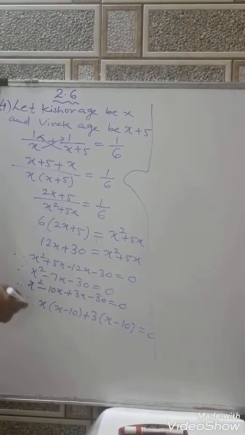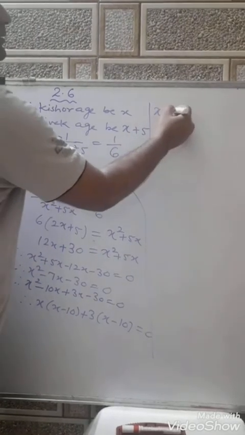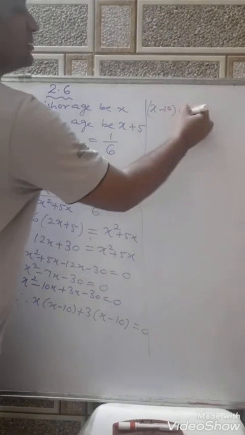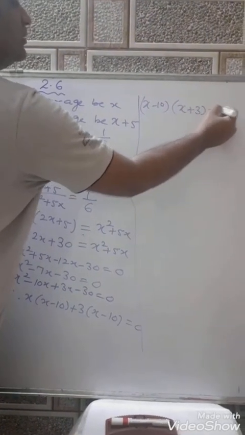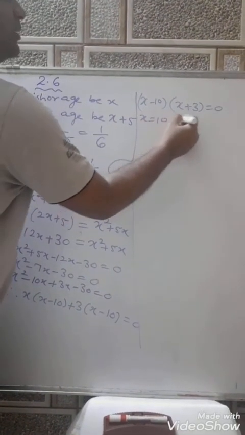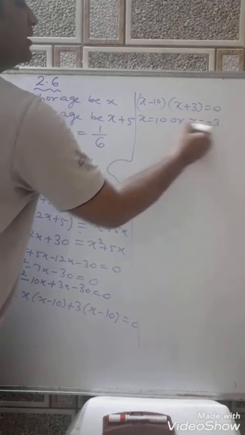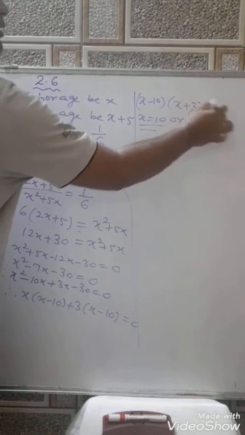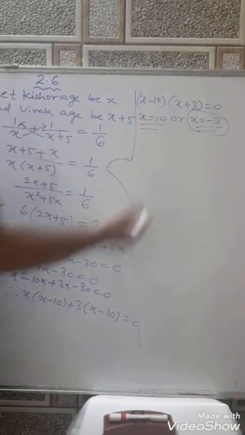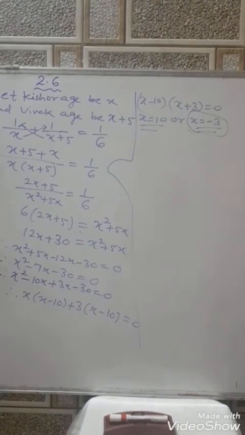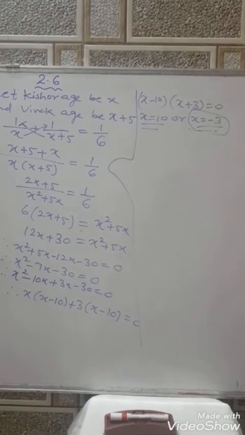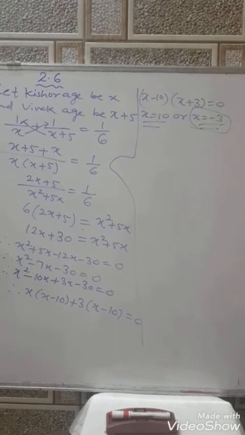You get x minus 10 and x plus 3. So x equals 10 or x equals minus 3. Age is never negative, so your answer is 10. It means Kishore's age is 10 and Vivek's age is 15 years.